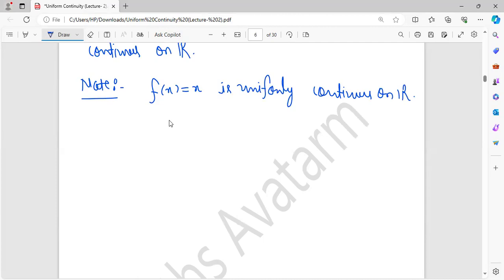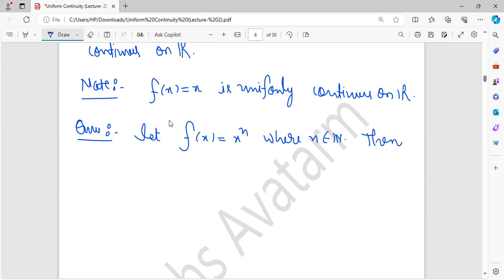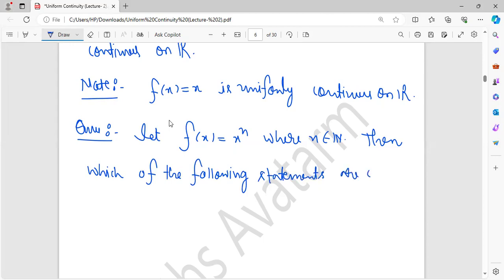So I am asking one question. This question may come in a competitive exam. Let f(x) equal to x to the power n, where n belongs to the natural numbers. Then which of the following statements are correct?